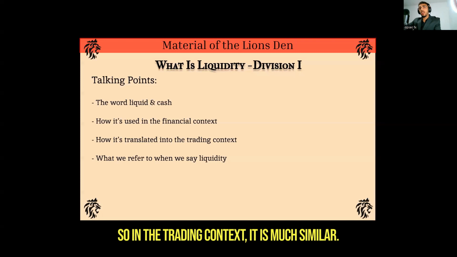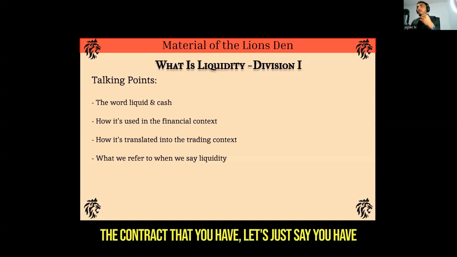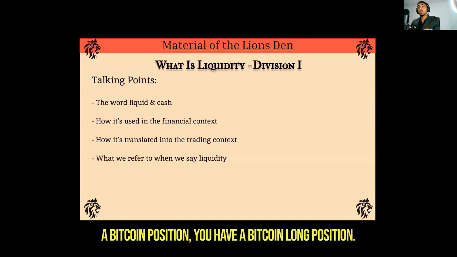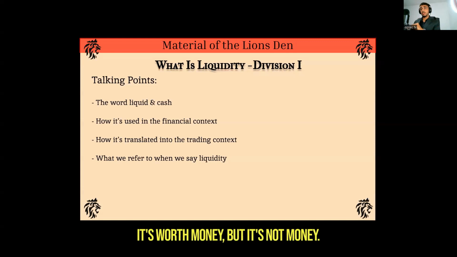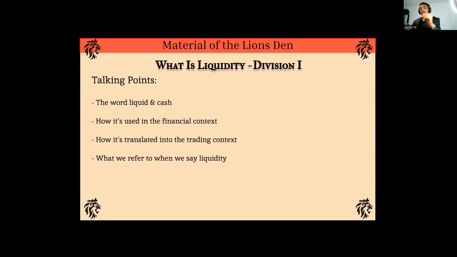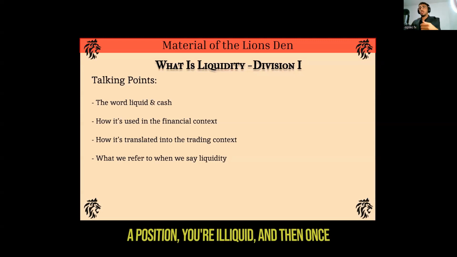In the trading context, it is much similar. Let's say you have a Bitcoin long position. That's a contract, and that contract is an asset. It's worth money, but it's not money. That is why when you have a position, you're illiquid.